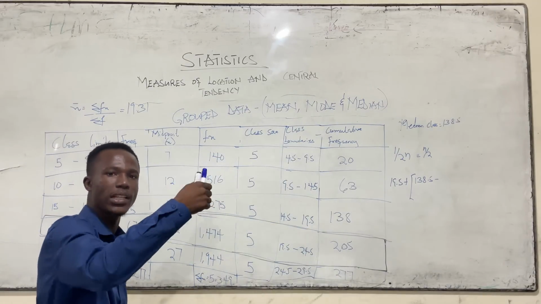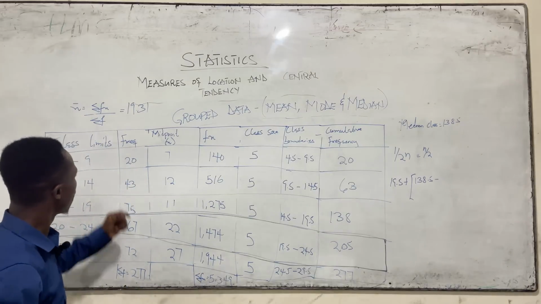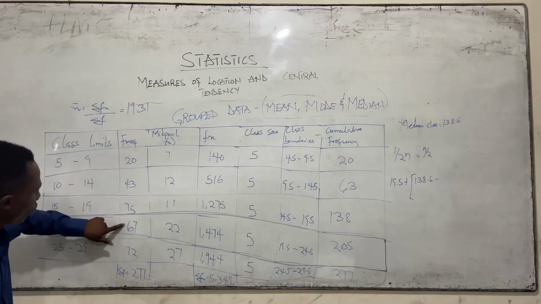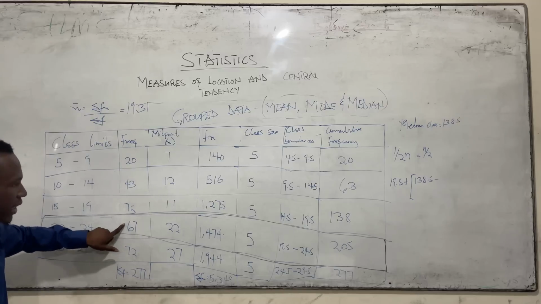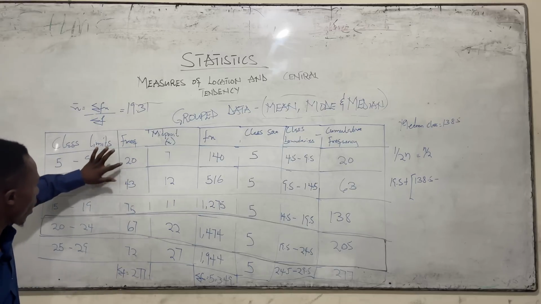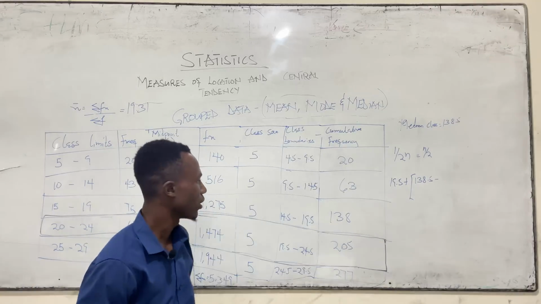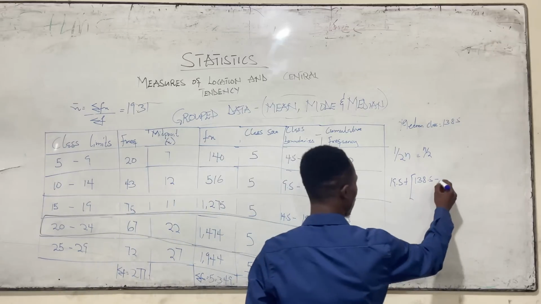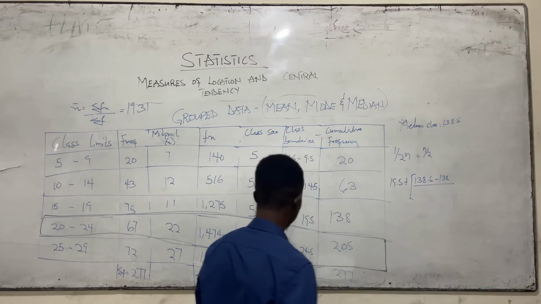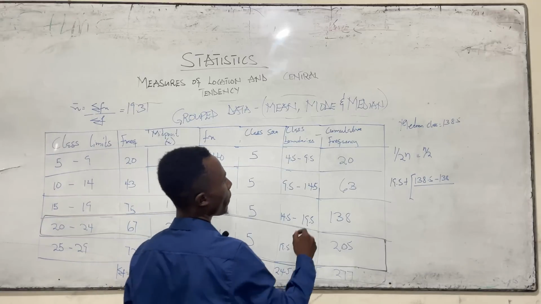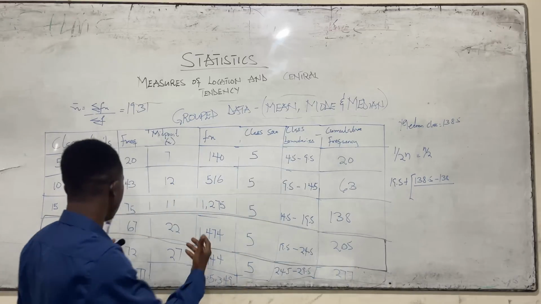It is cumulative frequency preceding this class. So you cumulate all the frequencies preceding this class, and if you cumulate 1, 2, 3, you get this one. That is 138. So 138 over the frequency of the median class.